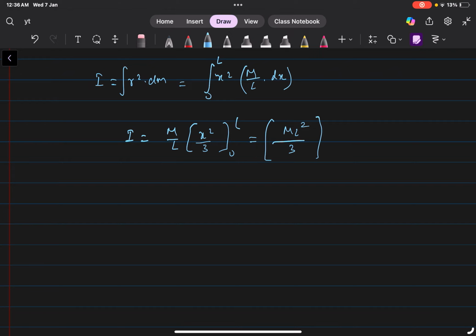We will also derive this formula with the help of the perpendicular axis theorem, and see later how.